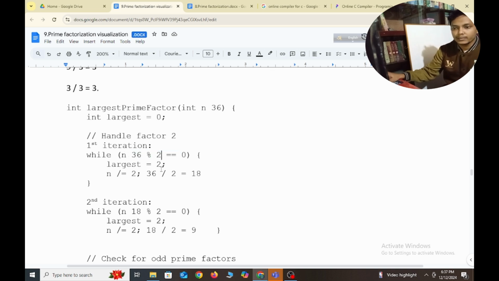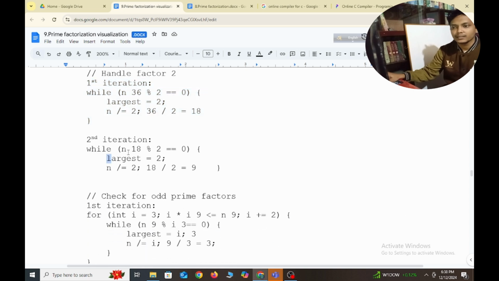So then we will assume largest is 2, and now we will divide the number by 2 and put the result in n again, okay? You see 36 divided by 2 is 18, okay? So 18 is being stored in n again. So this is the first iteration, guys.